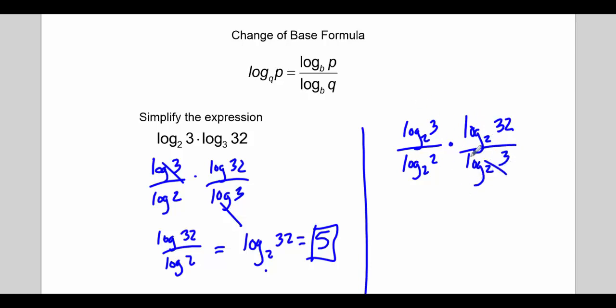Notice the log base 2 of 3s are still going to go, and what I have left is what power of 2 is 2, that's 1. What power of 2 is 32, that's 5, and I eliminate a step. So it's all about choosing a base that's going to work nicely, and it's a matter of what you see rather than actually picking the right base, because any base is the right base. It's just what will make it a little easier to do.